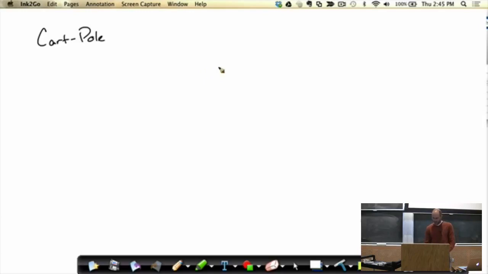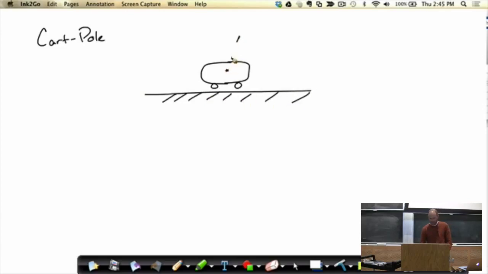So this one is, you might have guessed, a cart with some wheels on it on the ground, and then it's got an inverted pendulum attached to it. It could be a simple pendulum, that's okay, which has a mass here. There's some mass of the cart. There's some length here. There's an angle of the pole, and there's an x position of the cart. And the control input is going to be a force on the cart.